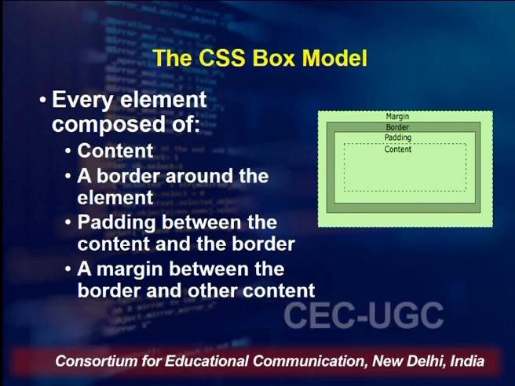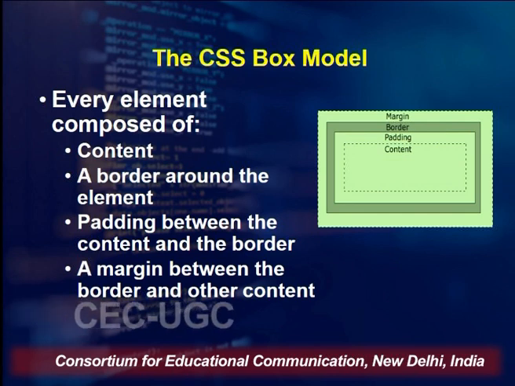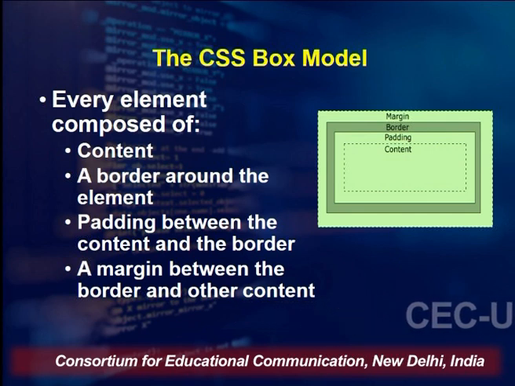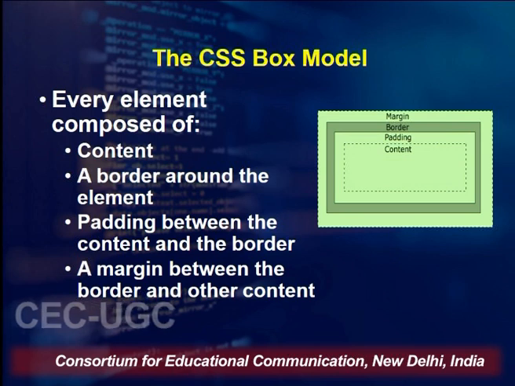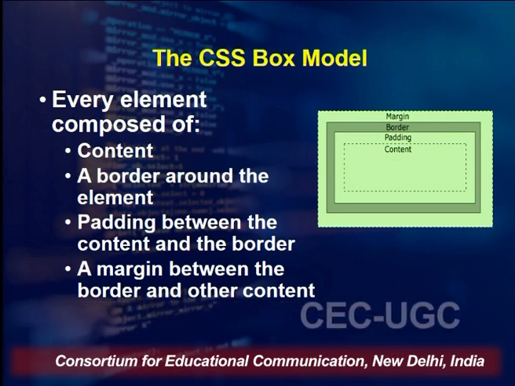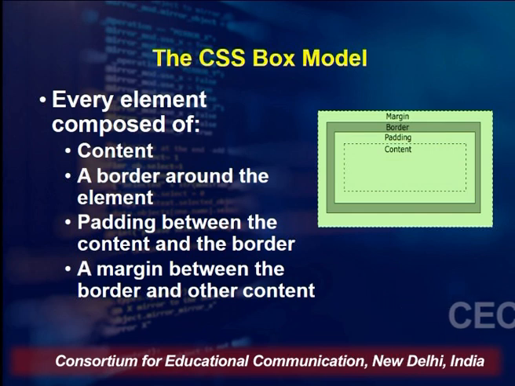Box means that you have some content, for example some text or a paragraph or a table, whatever, that is your content, and there is a border around that element. Sometimes you can see that element's border, and by default it is not shown. So you can control each of the parts of the box using the CSS.